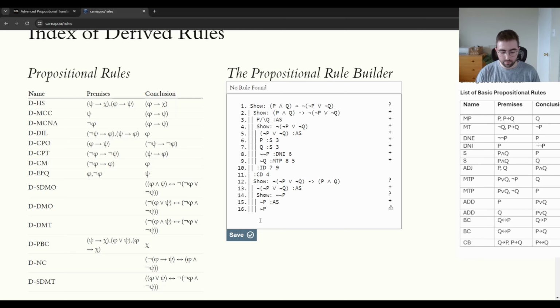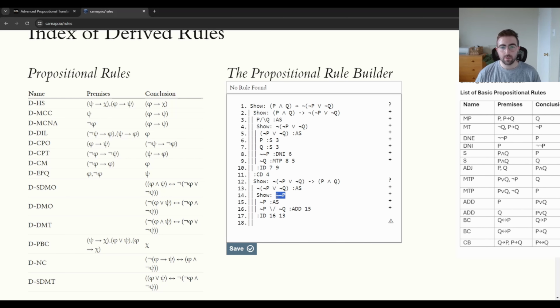We can always add whatever we want onto an atomic formula using our addition rule. So we took not P, we added a not Q. Well, look, not P or not Q is negated already. So we know that we can close this proof. Indirect derivation on 16 and 13 are the contradicting lines, which means we have not P, which means conveniently we can get P by double negation elimination on 14, which we now have access to.